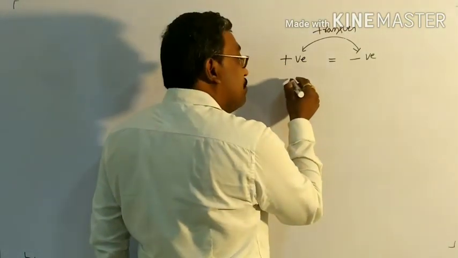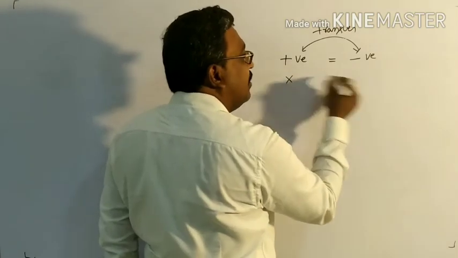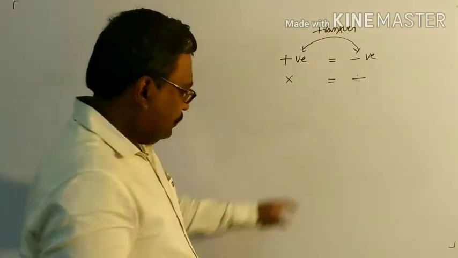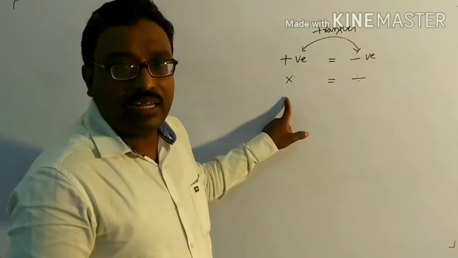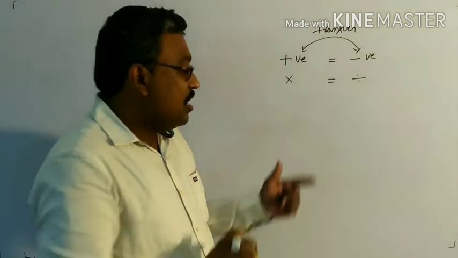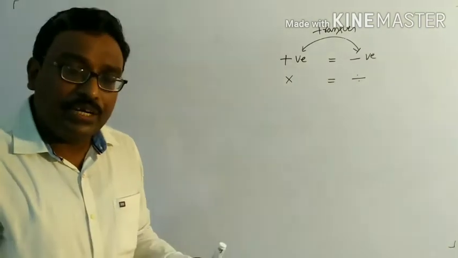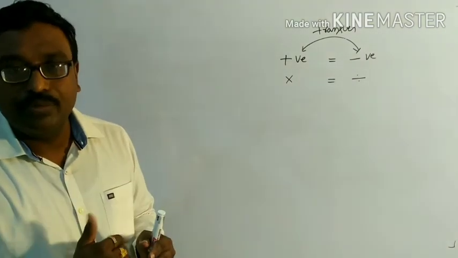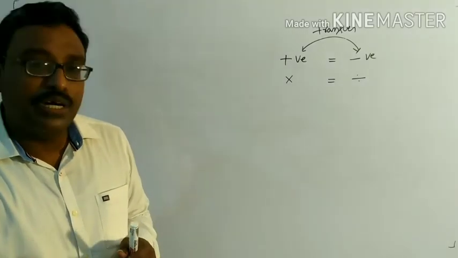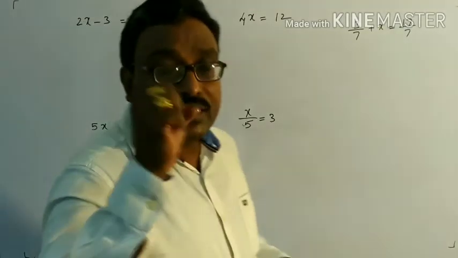Next, if multiplication is in between, then it is transferred to the other side as division. If division is transferred to the other hand side, then it is multiplication. So a positive quantity transferred becomes negative. If a negative quantity is transferred, positive. If multiplication is transferred, division. If division is transferred, multiplication. That is the rule. Now, we'll solve.